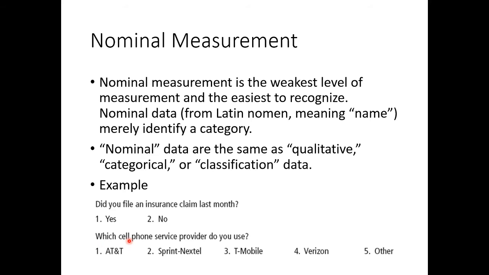Another example: which cell phone service provider do you use? AT&T, Sprint, T-Mobile, Verizon, and others. In this case also, they are all verbal data, so any order has no meaning. So we have no order.